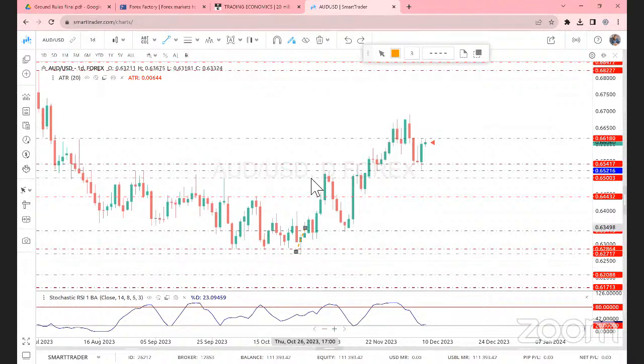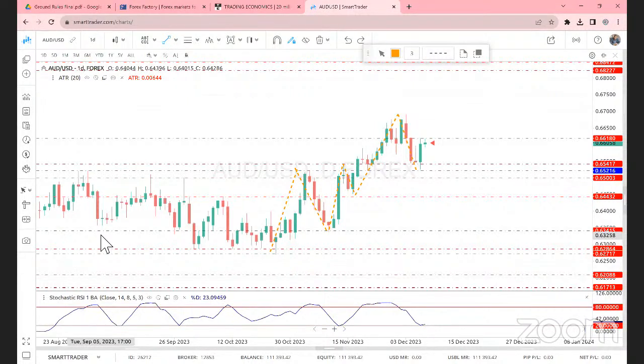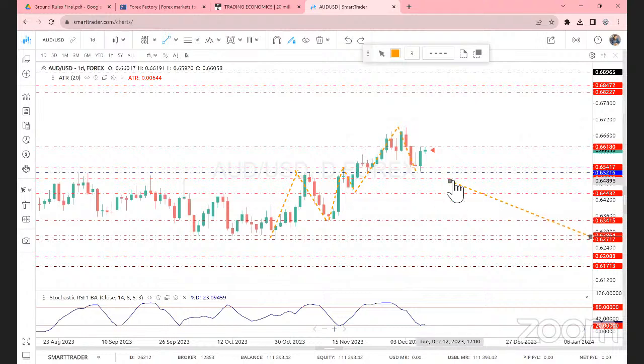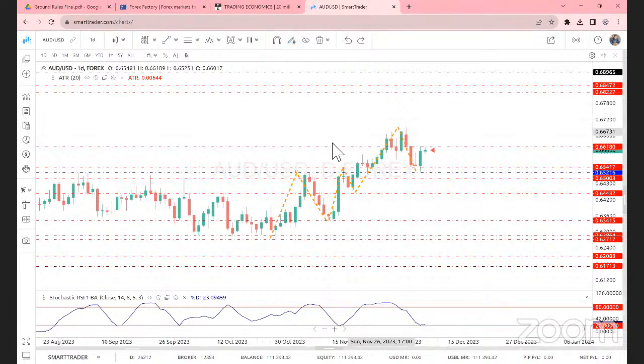We consolidated a little bit. So we'll see if that support holds. We got a stochastic that's approaching that buy zone, pretty much there, where we got the U-turn last time, the shift in momentum. Right, if you look straight across here. So things are lining up for price to continue long on the Aussie dollar, but it's a big fundamental day today. So let's see what happens on that, if it's going to continue to drive higher.